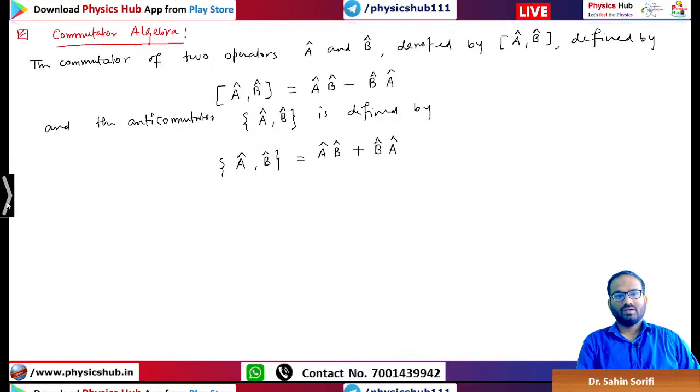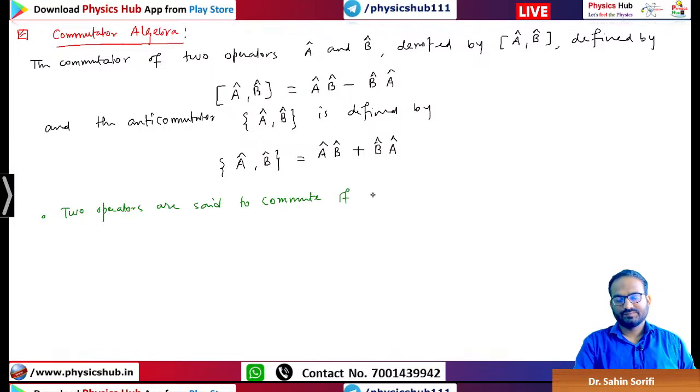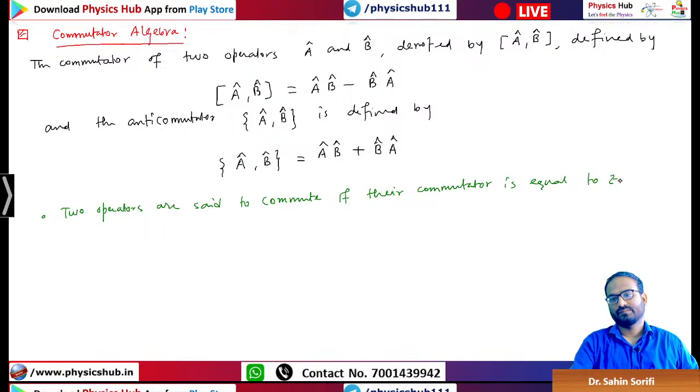Now, when do we say that two operators are commuting? Two operators are said to commute if their commutator is equal to 0. And if the commutator is equal to 0, what can we write?